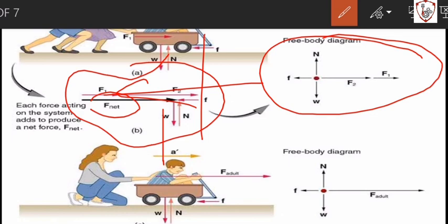That is the free body diagram: a dot and the arrows, nothing else. So the dot is our boy in the cart, and the arrows are the net force F1 and F2 forward, friction backward, normal upward, and the weight downwards. Clear? This way we will be isolating the object, the system that we are targeting, and reducing it to the dot and the arrows.